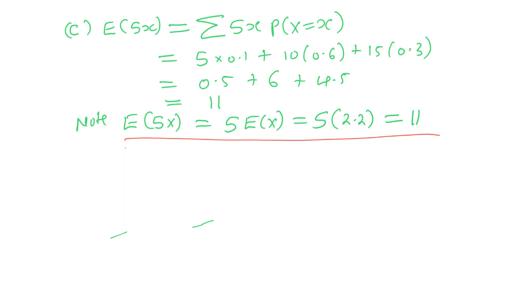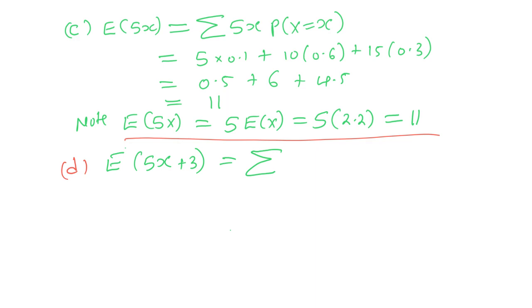That is mathematics. Now, the last part here, that's part D. D talks about finding the expectation. Indeed, they want to get the expectation of 5x plus 3. So this is going to be the summation. The function we're having here is 5x plus 3.